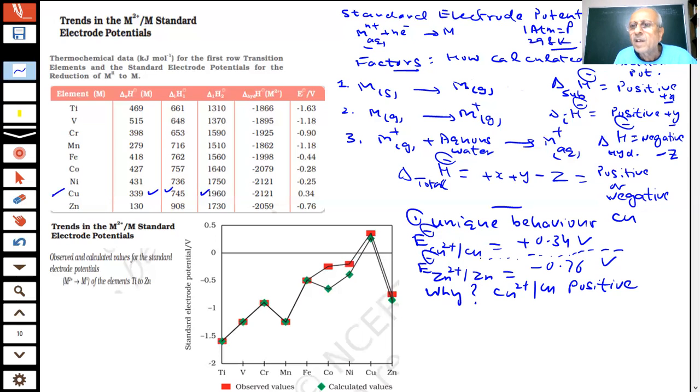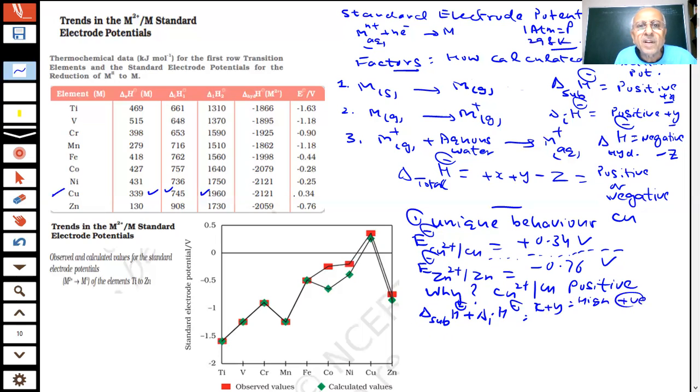So delta sublimation H plus delta ionization H is high, positive and high.